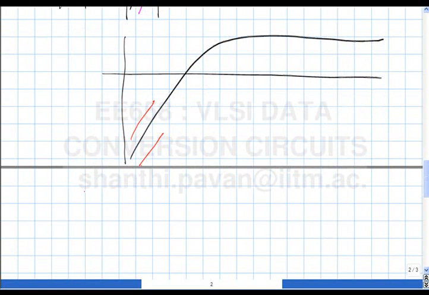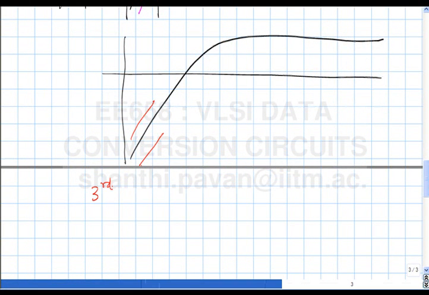Let me ask you a question. If you had a third order modulator, and all the R's were reduced by, say, 10%, what can you say about the RMS value of the in-band quantization noise now when compared to earlier?